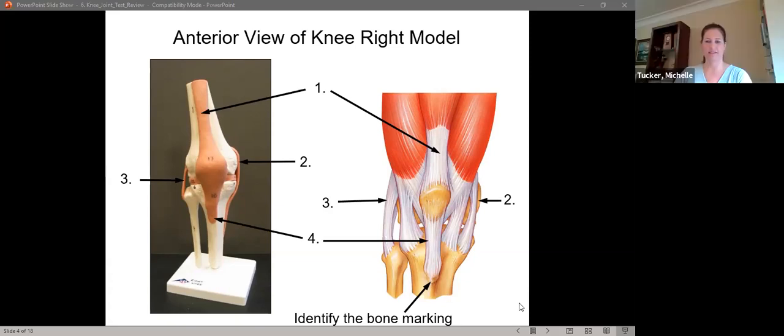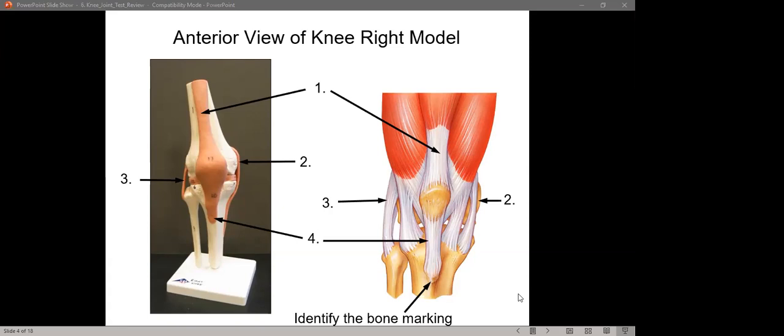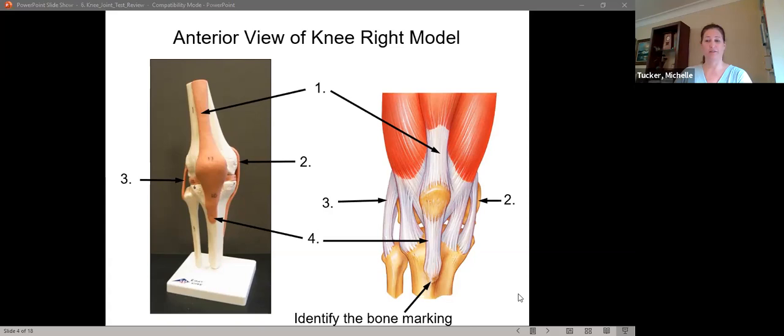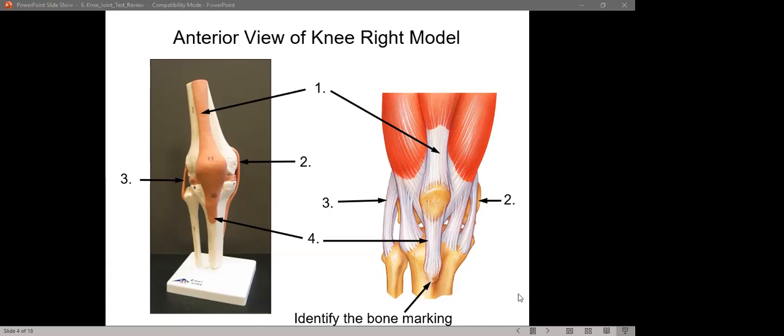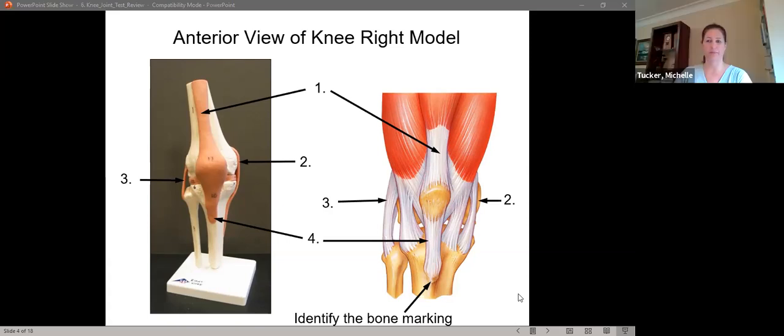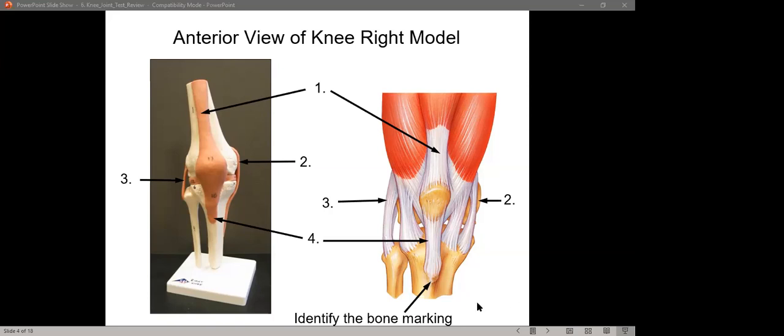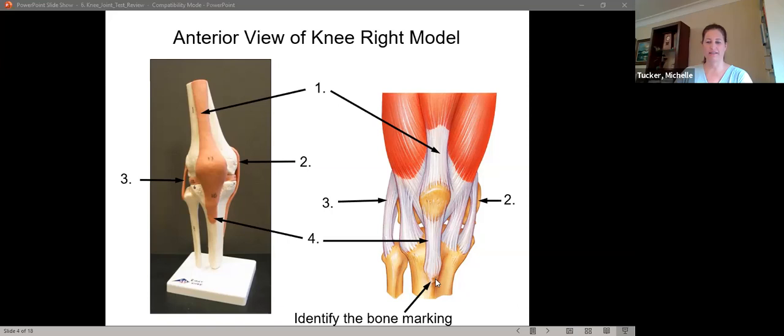And which one is the patellar tendon or ligament? 1. So the patellar tendon or ligament is actually number 4. And then the quadriceps tendon is number 1. Yep. And this bone marking is the tibial tuberosity.